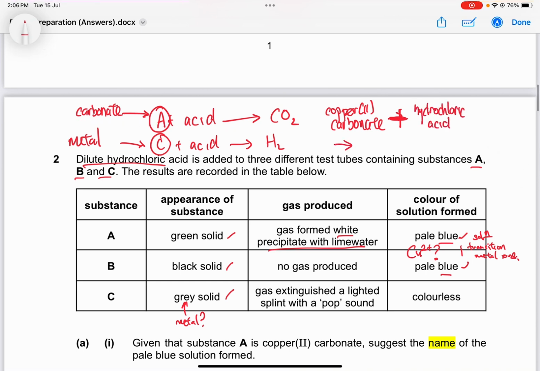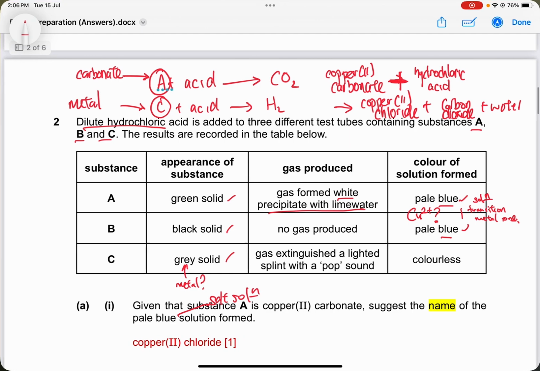So what I will know is that I'm going to get, what's the salt formed? The salt formed is actually your pale blue solution. So this is actually the salt solution. I know that I'm going to get copper 2 chloride, carbon dioxide gas, and water. Okay, so that's how you go about getting the answer of copper 2 chloride.